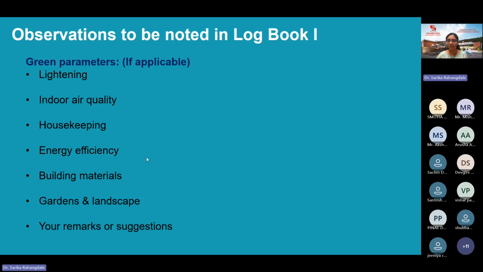For housekeeping, we are utilizing the water used in washing clothes or washing instruments or anywhere, right? We can use that water for gardening purposes, or in the flush, right?